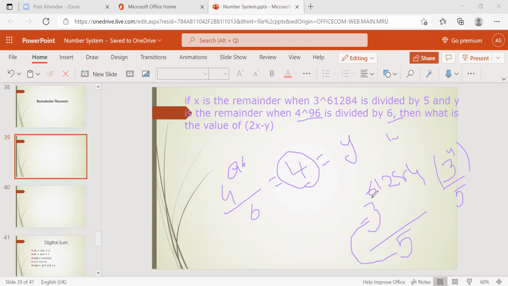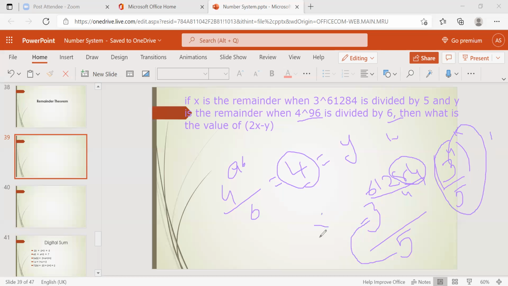So just divide this power by 4. Last 2 digits, you just observe here, last 2 digits are 84. 84 is exactly divisible by 4. Whatever the number, no need to calculate, it will be exactly divisible by 4. So 3 power 4 by 5, the remainder is 1.